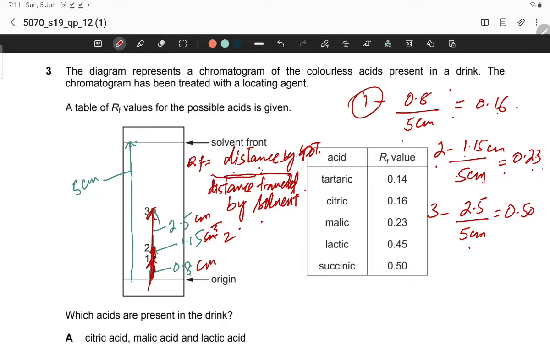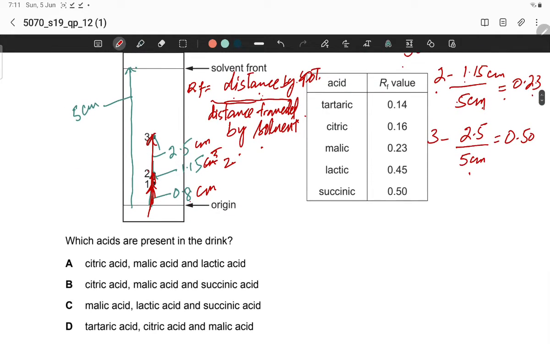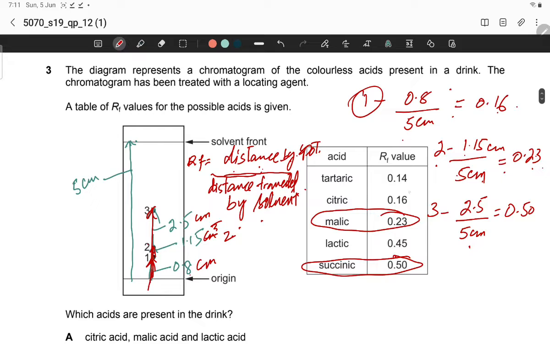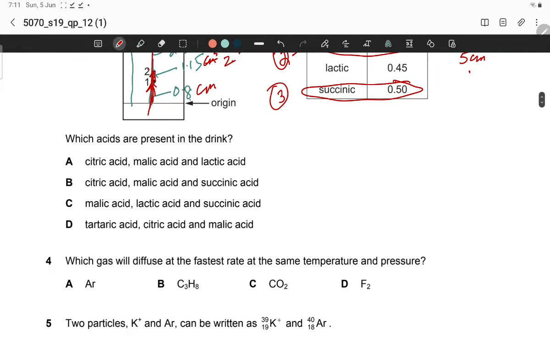So let's match the values. 0.23 is malic acid, 0.5 is succinic acid, and 0.16 is citric acid. So one is citric acid, second is malic acid, and third is succinic acid.